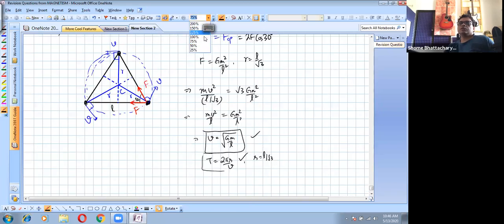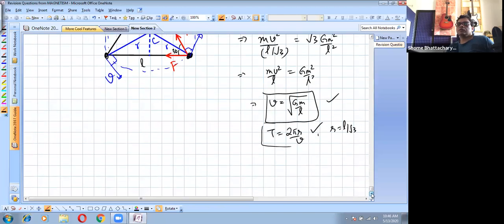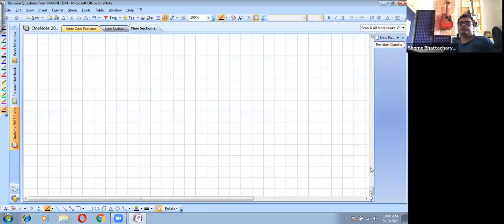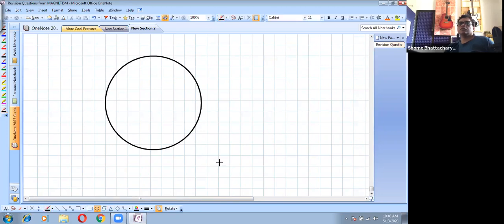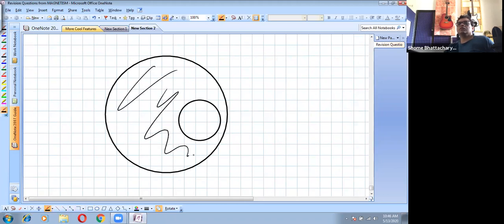Okay, now let's go back to something a little bit more fundamental in gravitation. So we have a solid sphere with a spherical cavity.